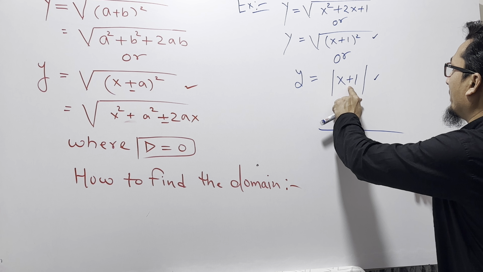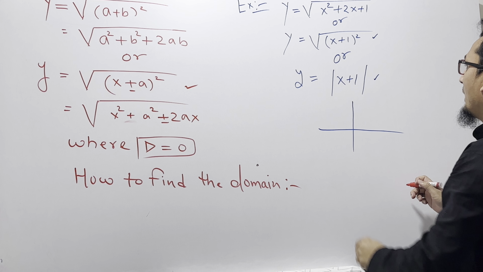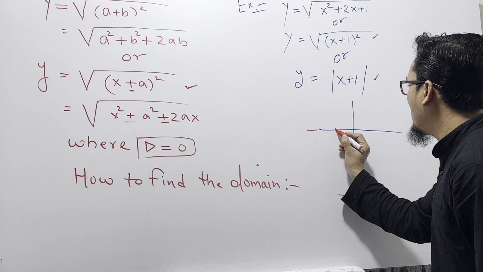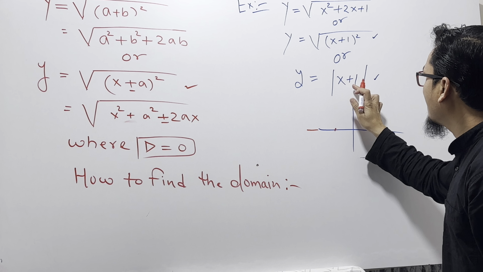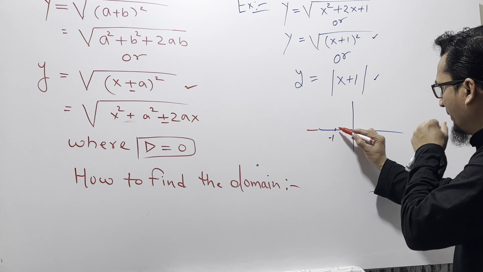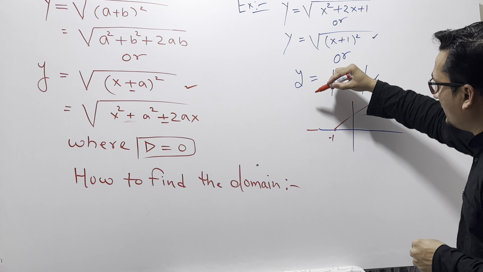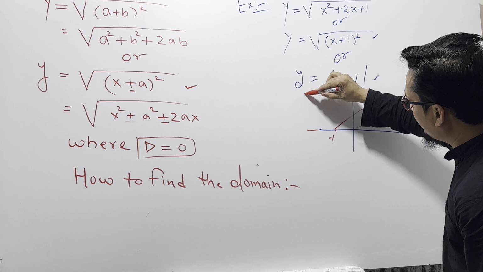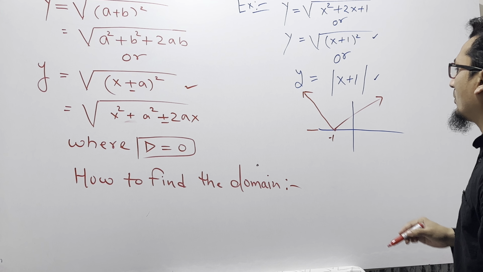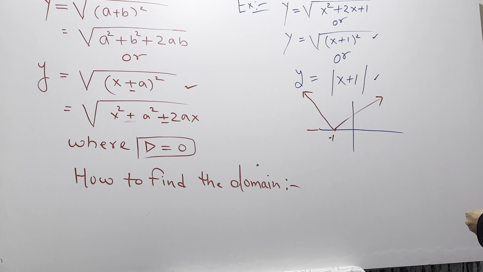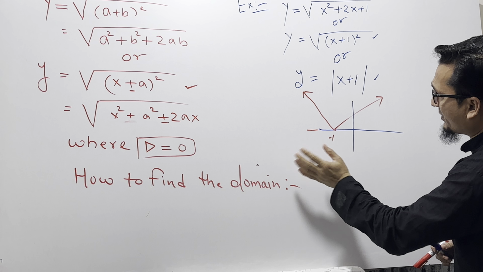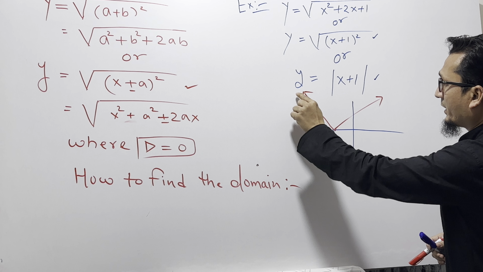So you have to go to the left side at minus 1, and then draw this line and this line. So the graph will be this one.